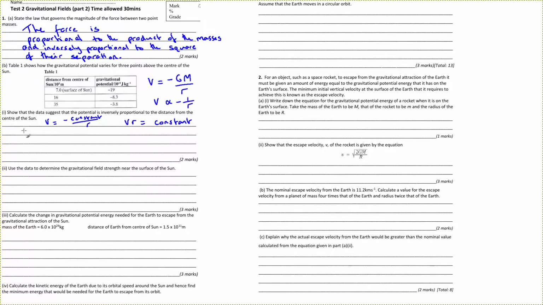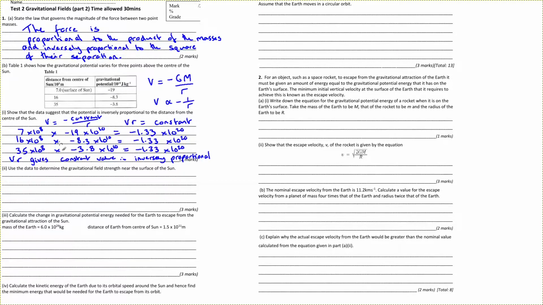So what we can say here then is 7 times 10 to the 8. If we multiply that by 19 times 10 to the 10, we get 1.33 times 10 to the 20. If we do that for the 2 other rows, we can see that for each row, V times r is giving a constant value.